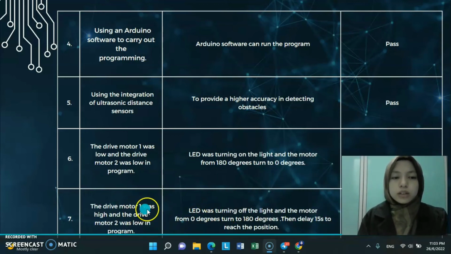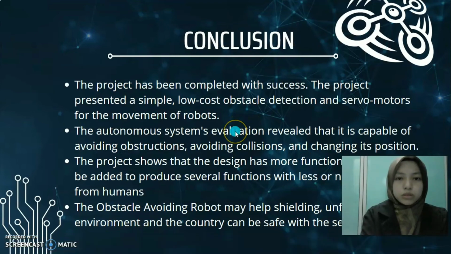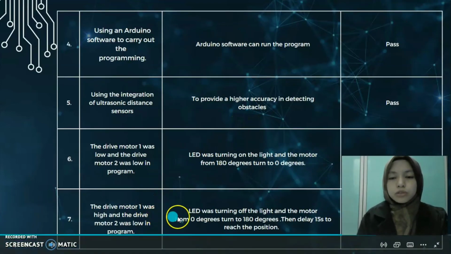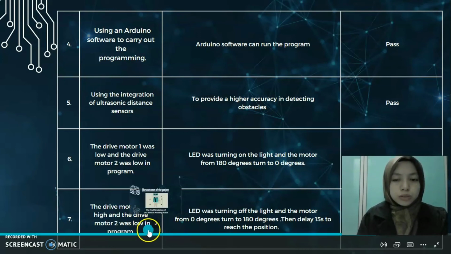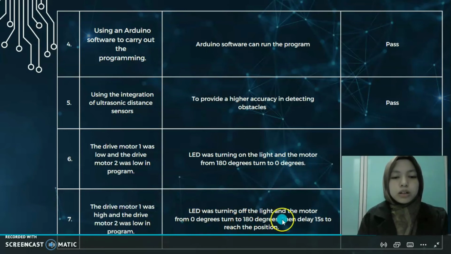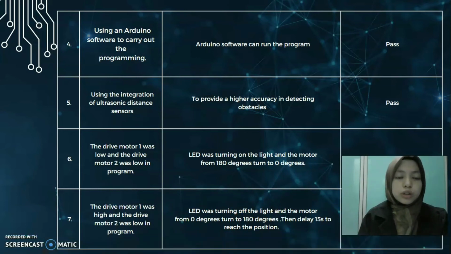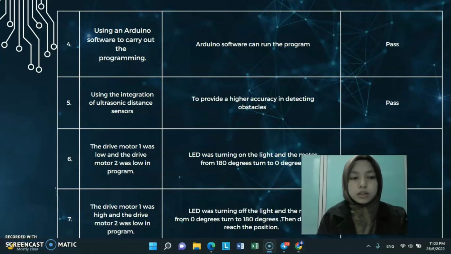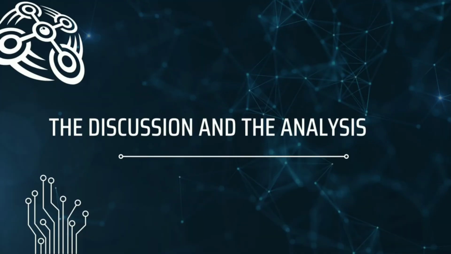And the seventh test data: the first drive motor was high and the second drive motor was low in the program, and the LED was turning off the light, and the motor turned from 0 degrees to 180 degrees. Then a 5 second delay to reach the position, and the result was passed.